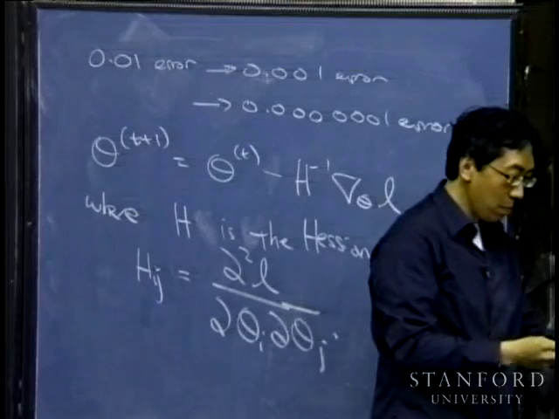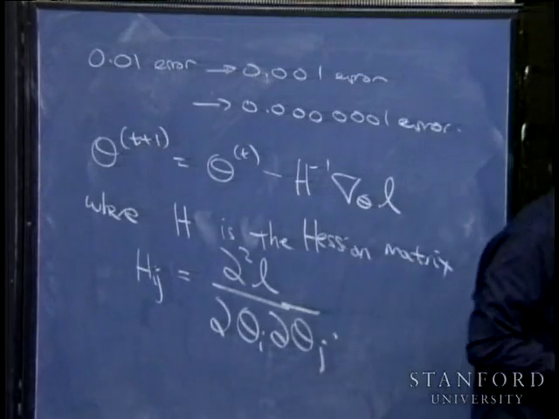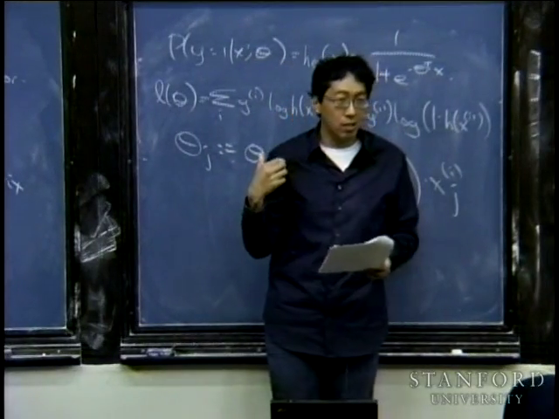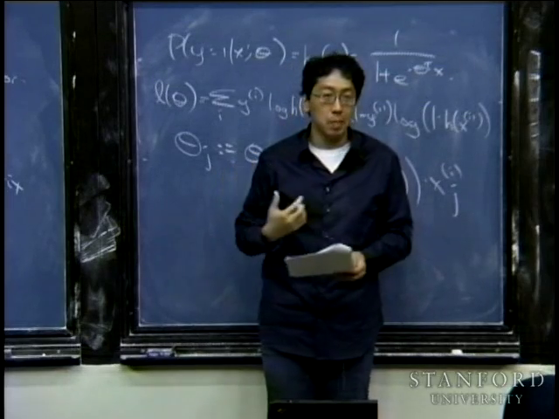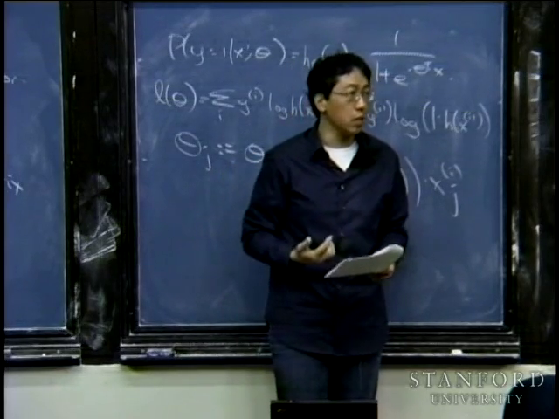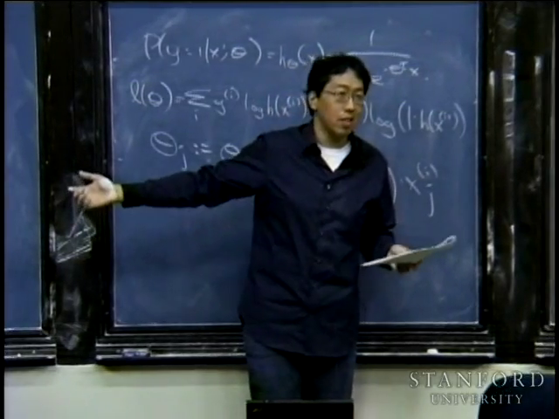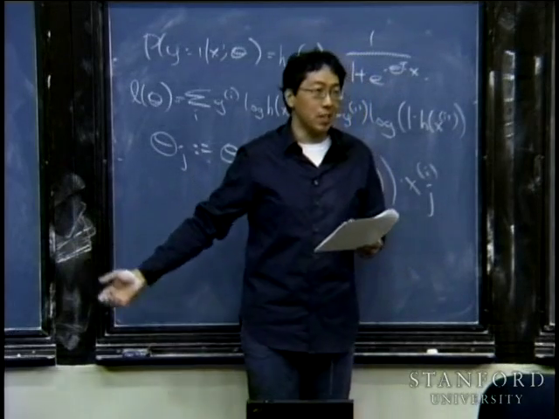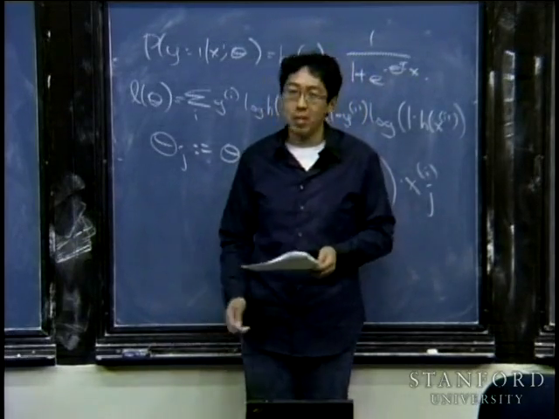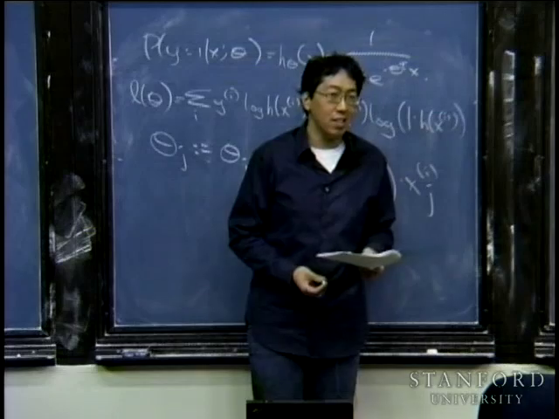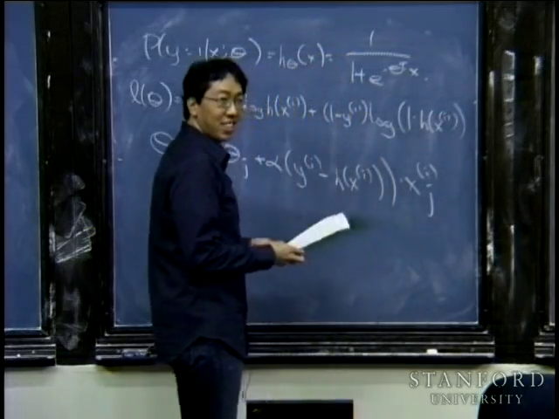Right. Okay. And actually, I invite you to think about the following problem also. I wrote down this algorithm to find the maximum likelihood estimate of the parameters for logistic regression. Right? So I wrote this down for maximizing a function. So I'll leave you to think about this yourself. If I wanted to use Newton's method to minimize a function, how does the algorithm change? Okay?